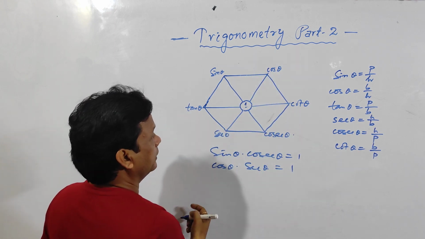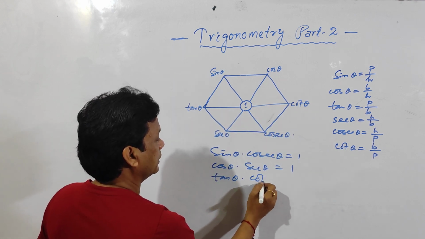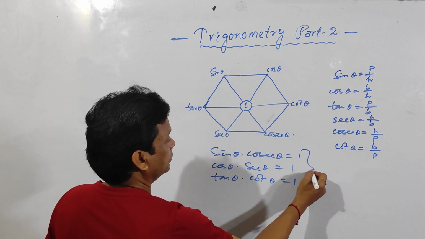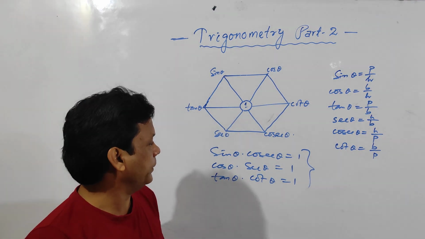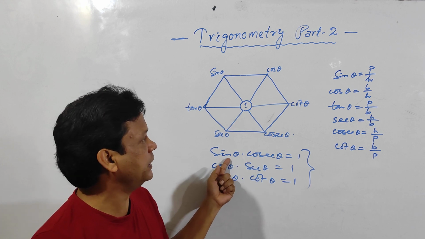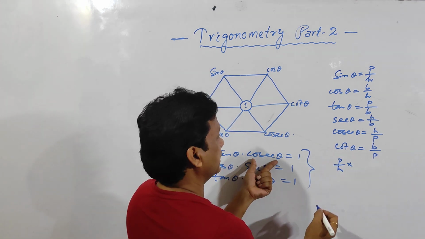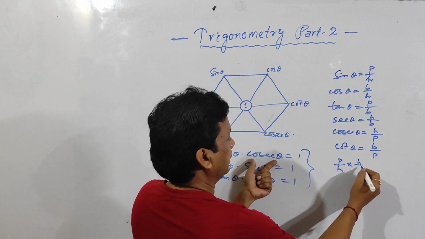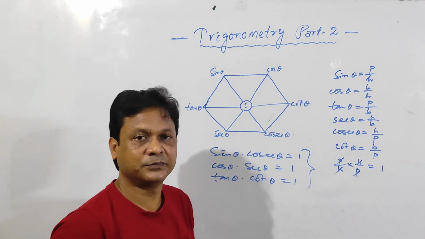Again, tan theta into cot theta is equal to 1. So, these are the 3 more formulas. If you want to prove it, you can also prove it. Because sin theta is equal to p by h, and cosec theta is equal to h by p. So h cancels, p cancels, and it's equal to 1.